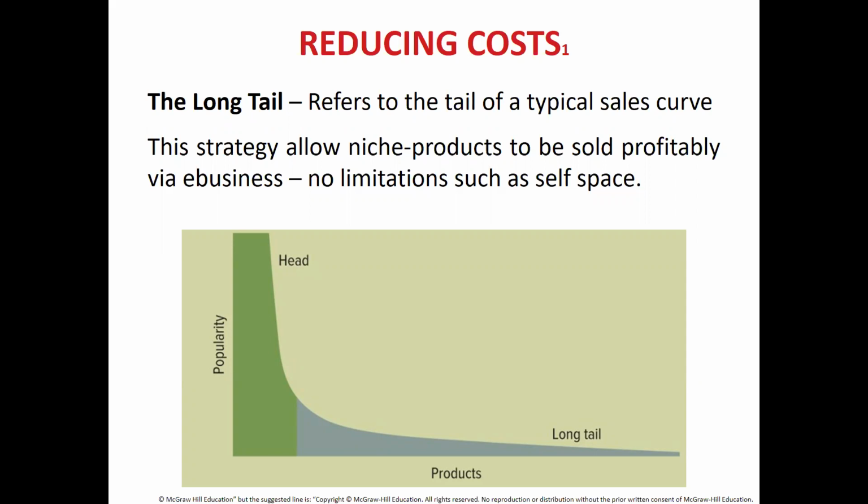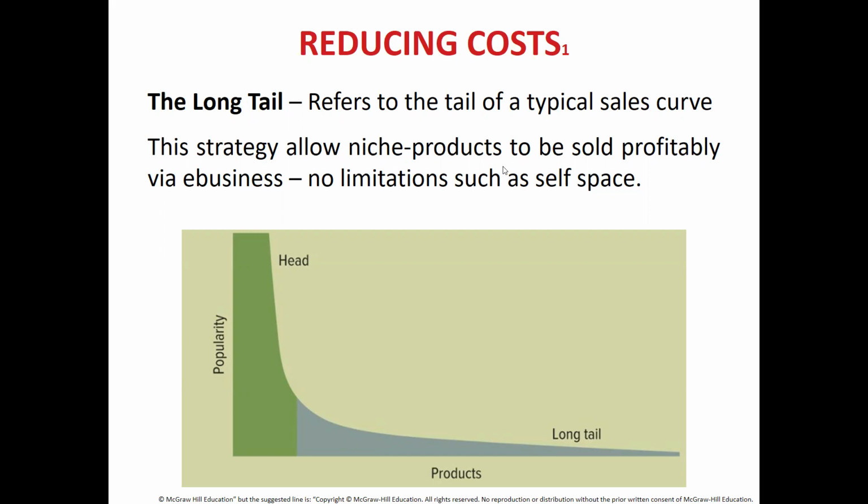Another thing I could think of is those Nike, Adidas brands. These are products which sell in very low quantity, but the profit margin is quite high. So long tail generally refers to a strategy as such. Now this strategy allows niche products. So again, what is a niche product?